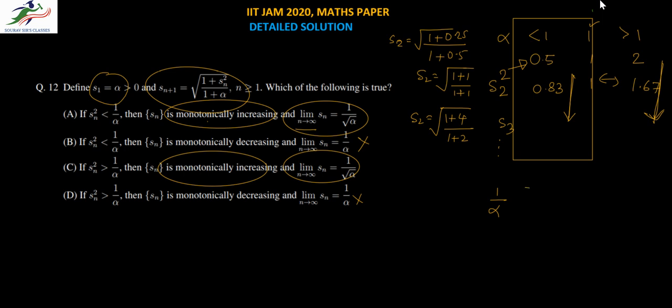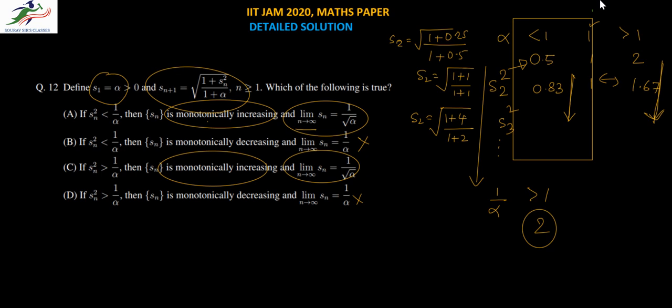So 1 over alpha greater than 1 means if alpha is 0.5, 1 over alpha is 2. So therefore, the squares of the values S2, S3 up to Sn will tend towards the limiting value of 2, and the values will tend towards the root of 2.